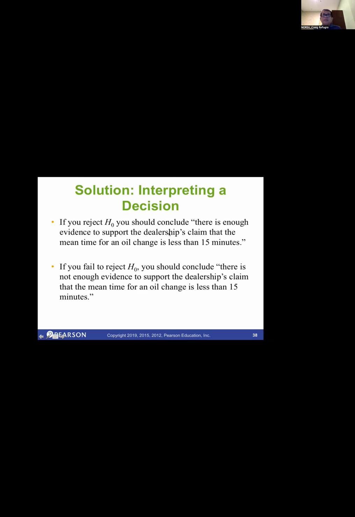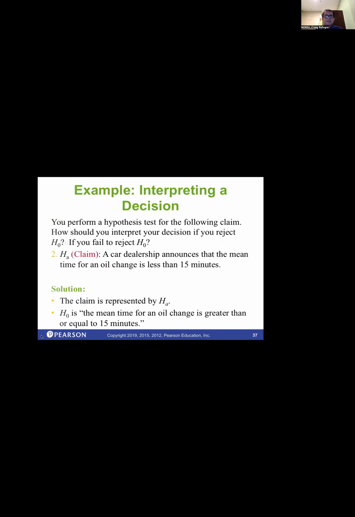What is the claim? The dealership's claim that the mean time for an oil change is less than 15 minutes. Now, if you fail to reject H0, then you're going to follow the template: there is not enough evidence to support the claim.